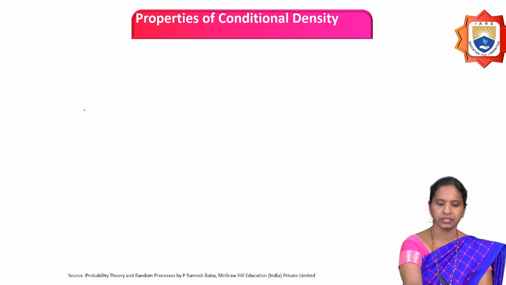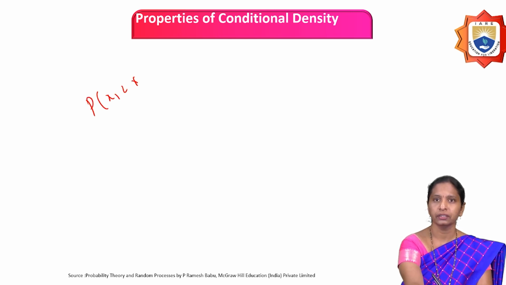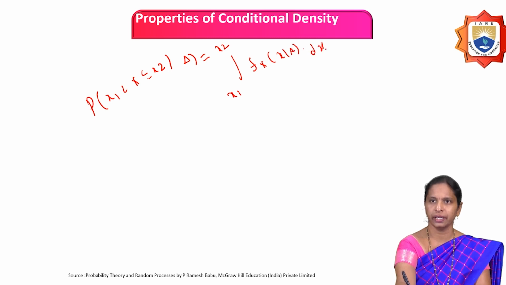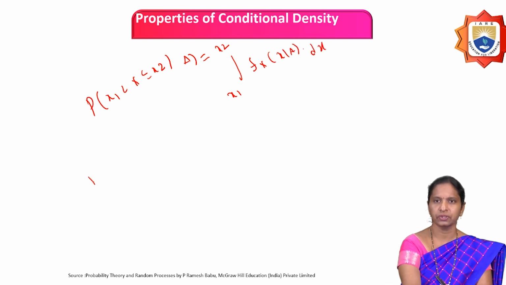And similarly, what is the next property? The conditional probability of the random variable x given the conditioning event a is equal to what? Integration x1 to x2 f_X(x by a) dx. So let us prove this property. So first you take the RHS.